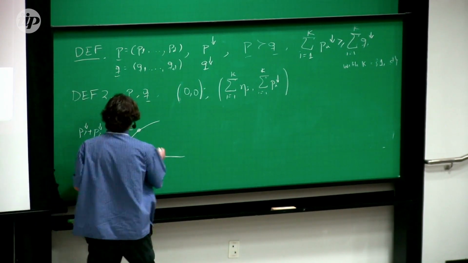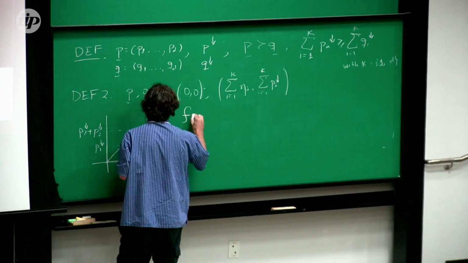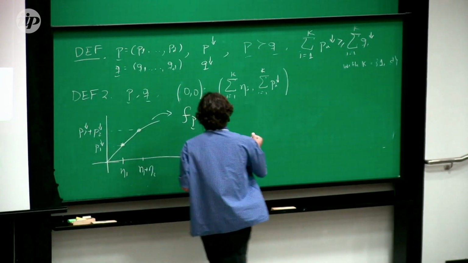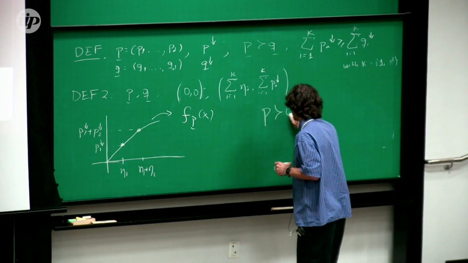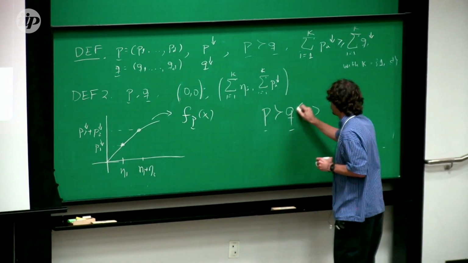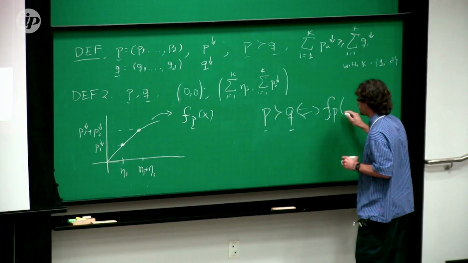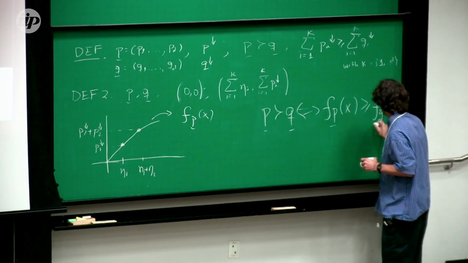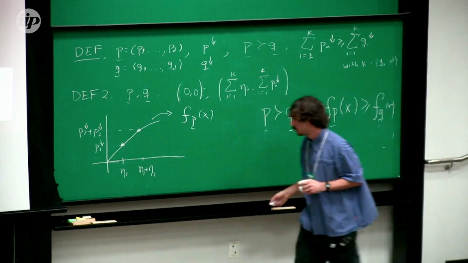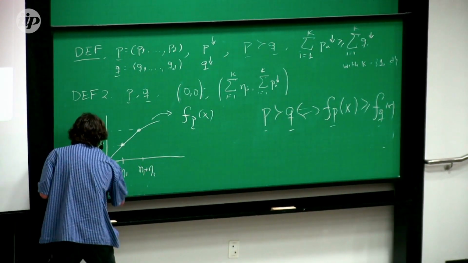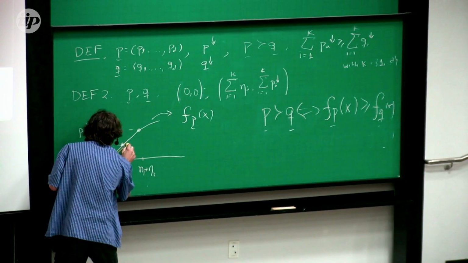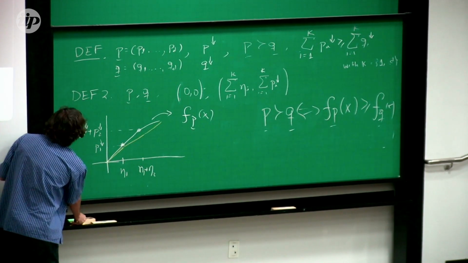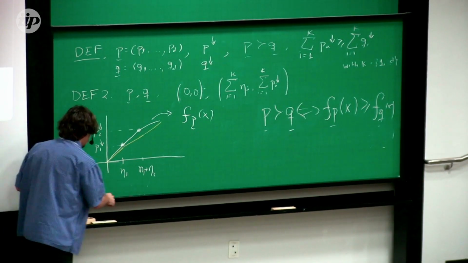I will denote this curve by f of p, put some x here, and it is trivial to see that p majorizes q if and only if f of p is always above f of q. So f of q would be something like this.